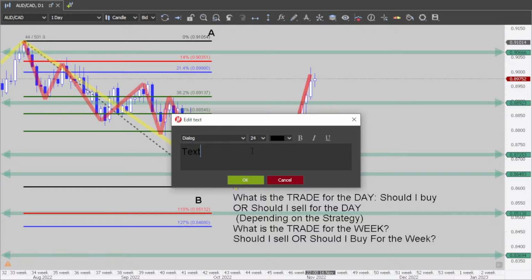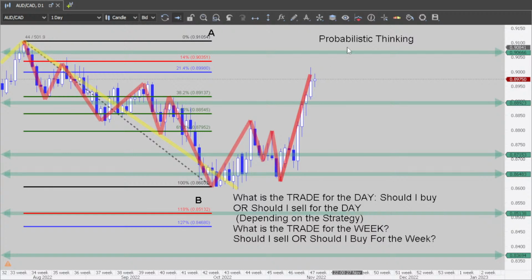Probabilistic thinking. You are in an environment, everybody, you are in a business that works based on probability. So probabilistic thinking, right?